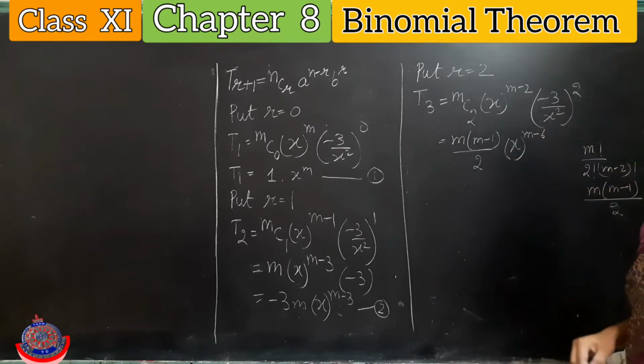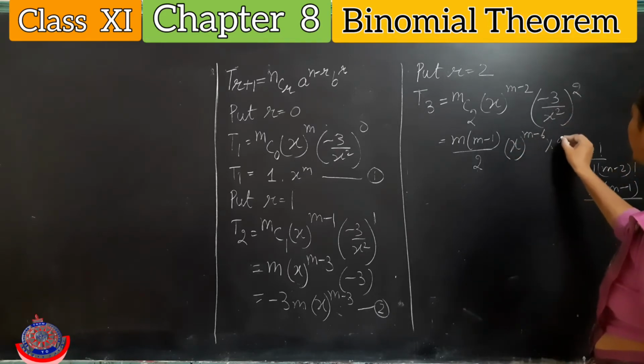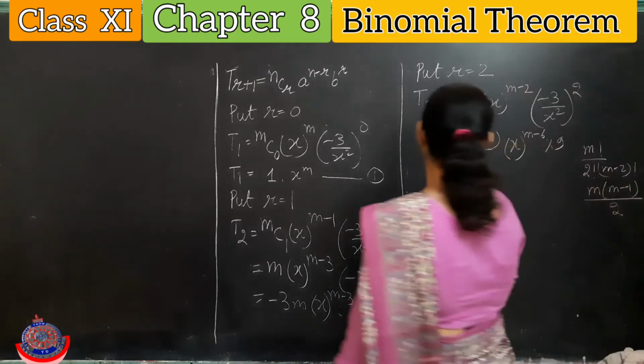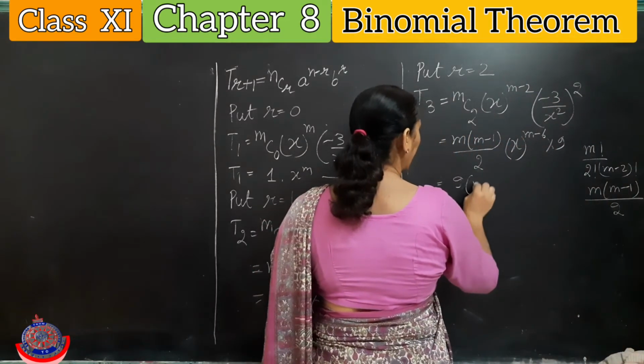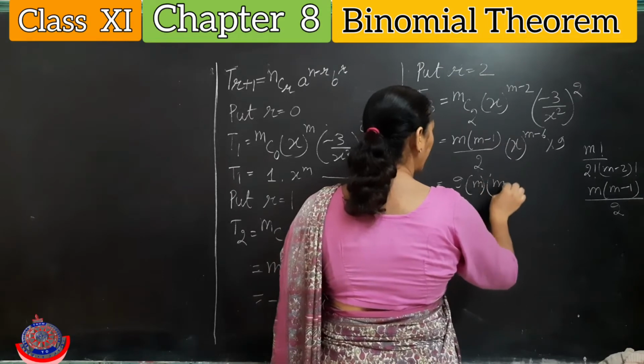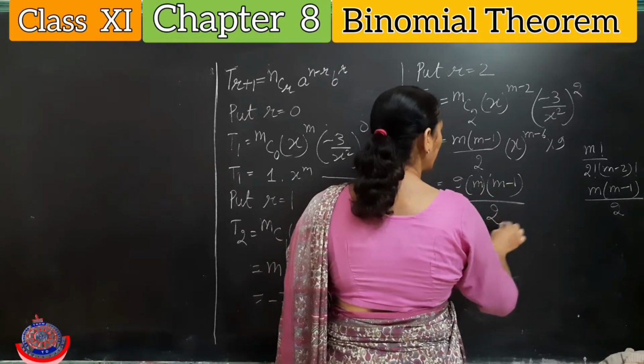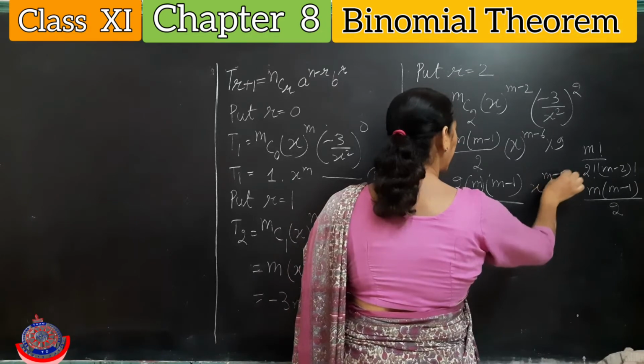Minus 3 square means 9. So if we combine terms, 9m(m minus 1) upon 2 x power m minus 6.